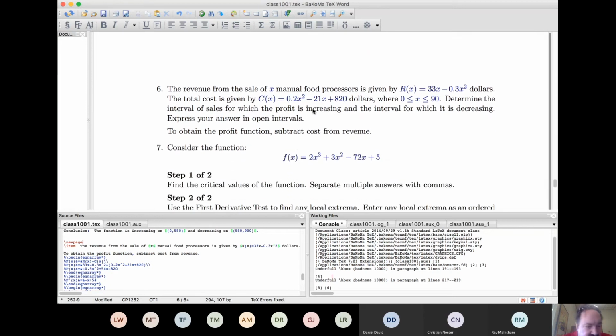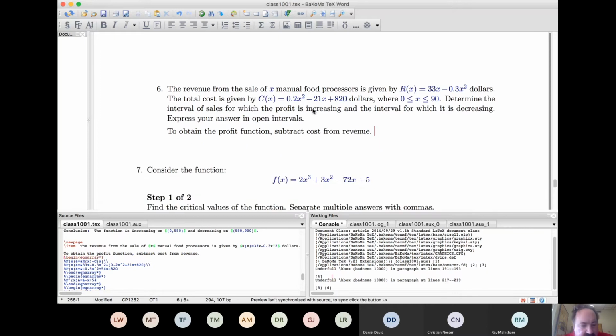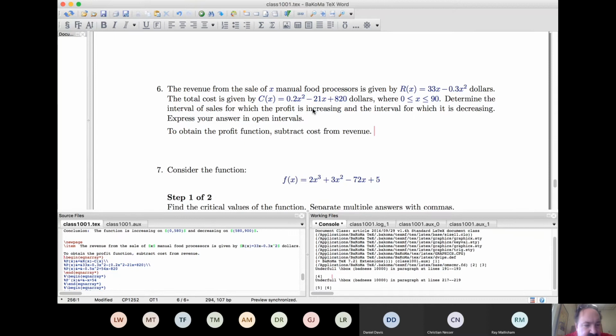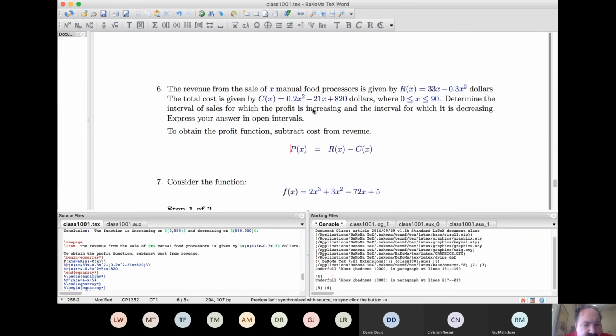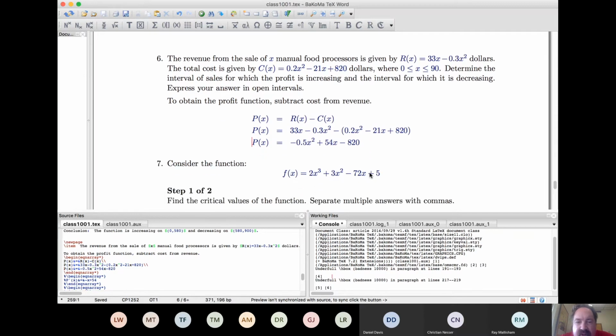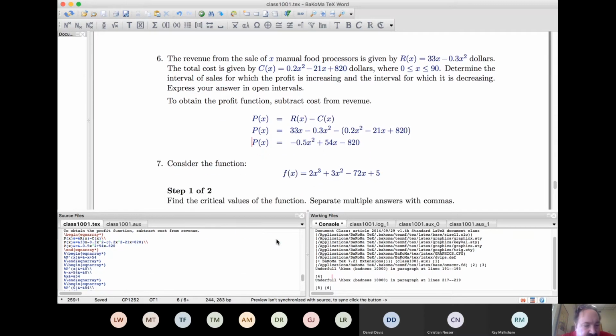Revenue minus cost will give the profit function. So we can subtract it off. Be sure to distribute the minus through everything here. Then combining all the like terms, this is your profit function. That's the one you work with.